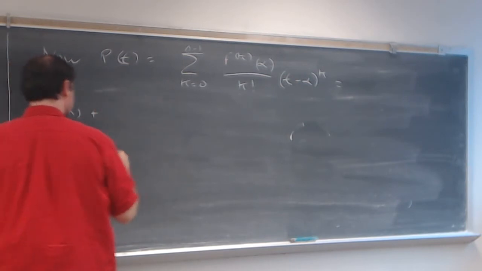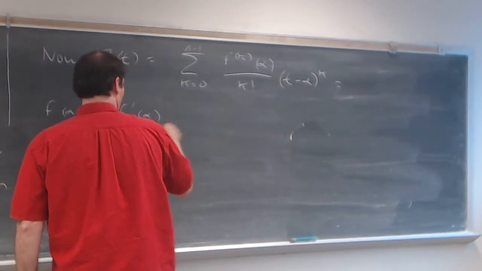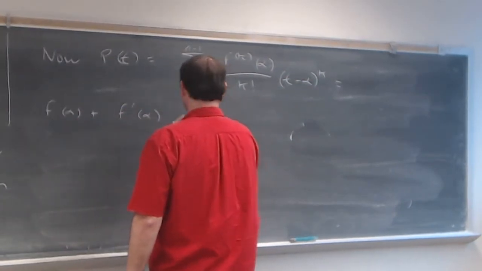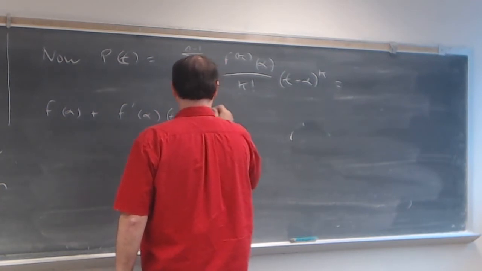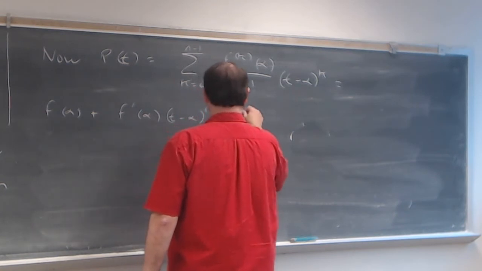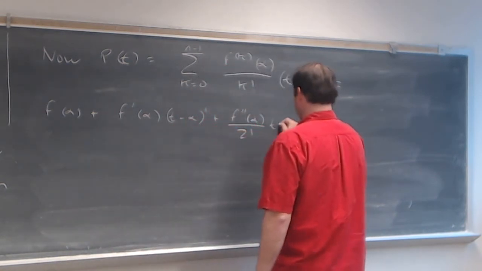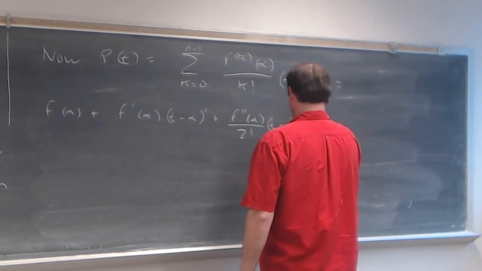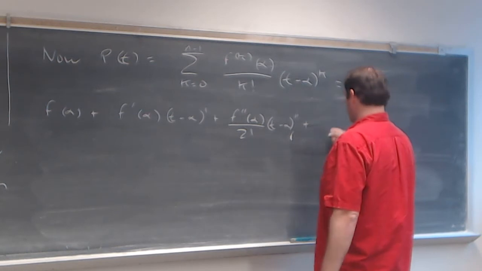Plus, that's what sum means. Here we're going to have the first derivative of f evaluated at alpha over 1 factorial times t minus alpha to the first. Plus the second derivative of f over 2 factorial times t minus alpha to the second. And we're going to keep going. Let me add 2 more terms.